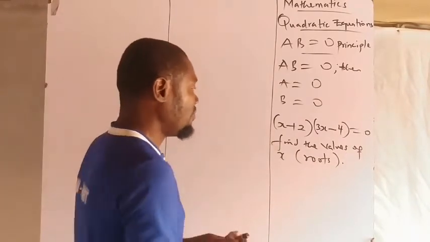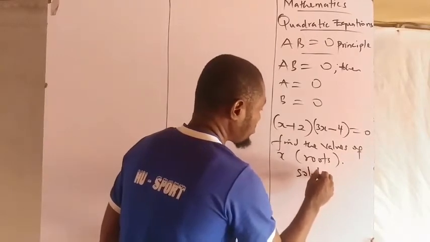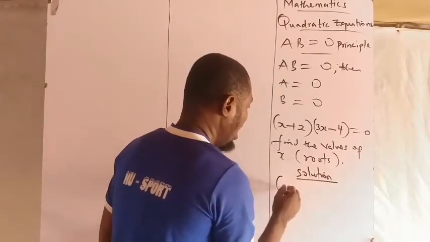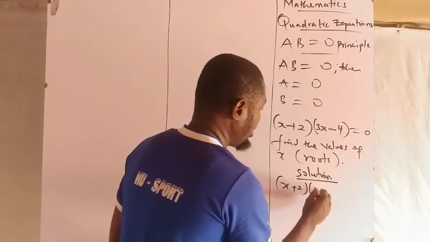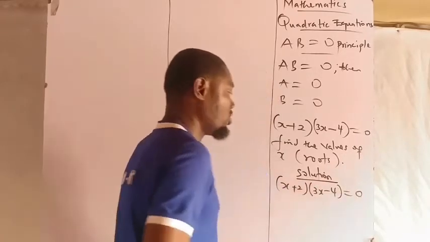Now, since we have that, our solution: you have (x plus 2)(3x minus 4) is equal to 0.